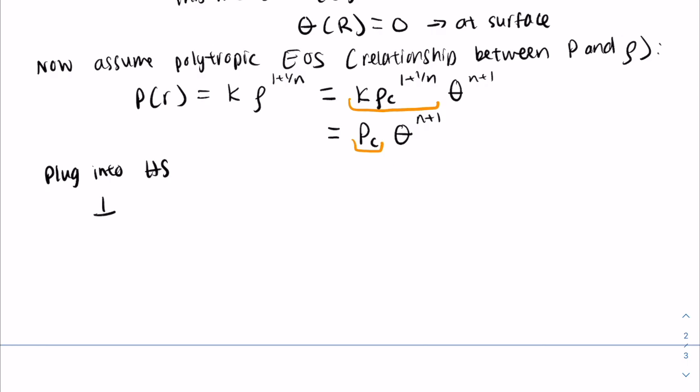So the next step to solve this is to plug it into hydrostatic equilibrium. And we're going to take that differential form of hydrostatic equilibrium that we derived above, but I'm going to do some variable changes so that we're now going to be in terms of our dimensionless density theta.